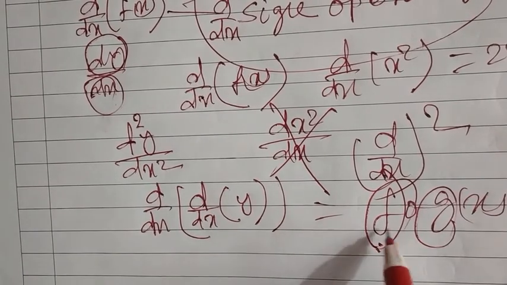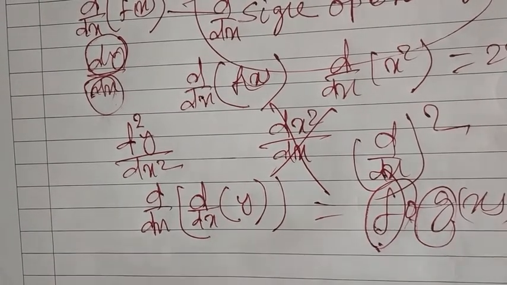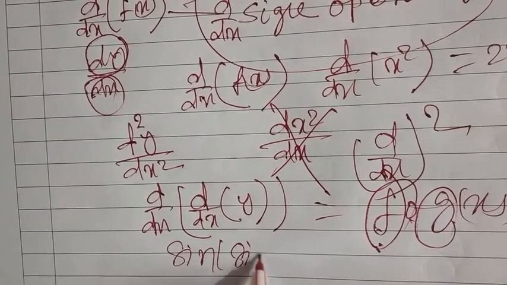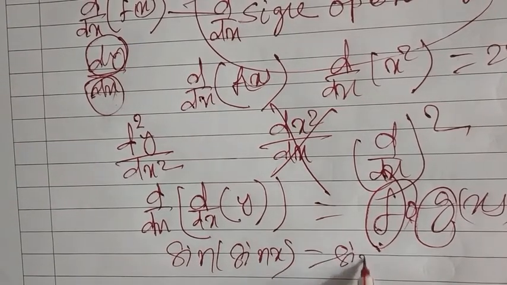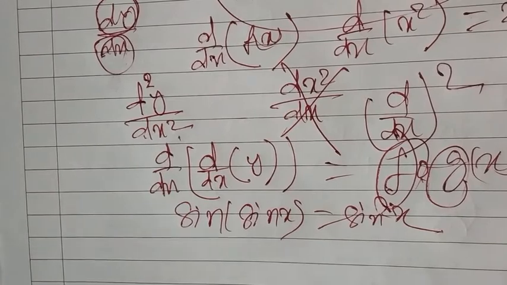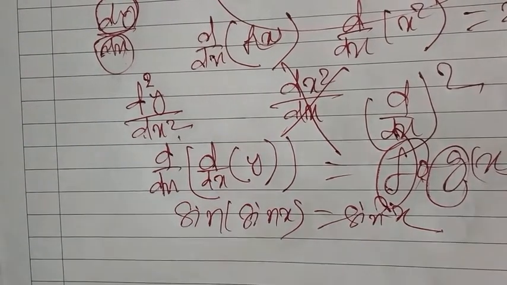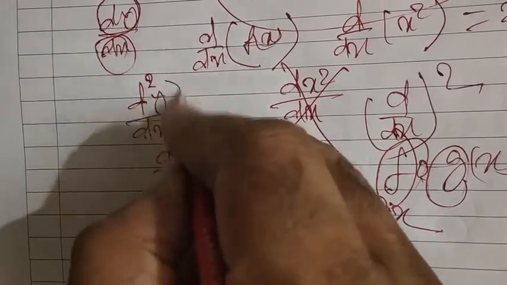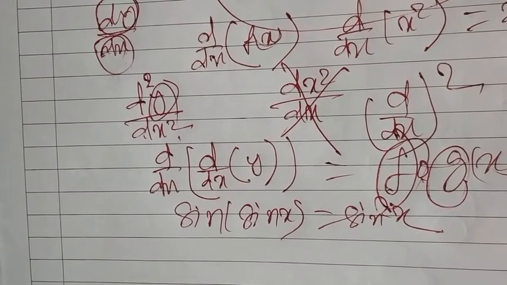That is like f of g. It is not like f into g. That means sine of sine x, I cannot write as sine square x. Very simple. So d2y by dx2 is never a square. An operator d by dx is operated twice on a function y.